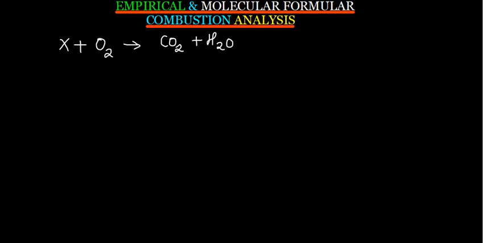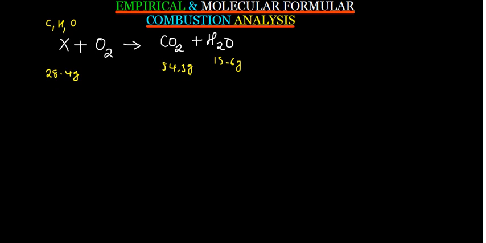Now for this one, X is not a hydrocarbon. Combustion analysis of 28.4 grams of an organic compound which contains carbon, hydrogen, and oxygen produces 54.3 grams of carbon dioxide and 15.6 grams of water.